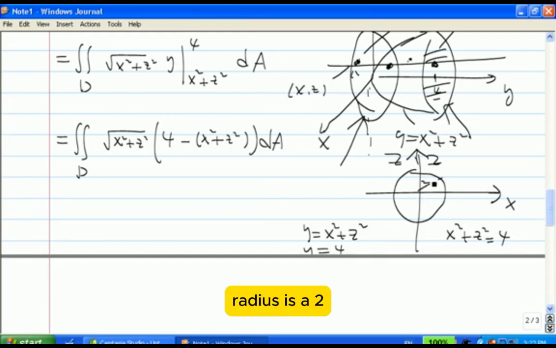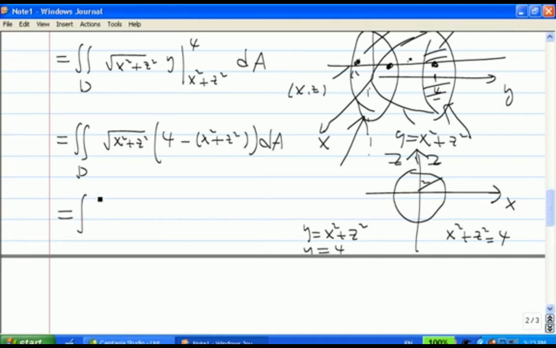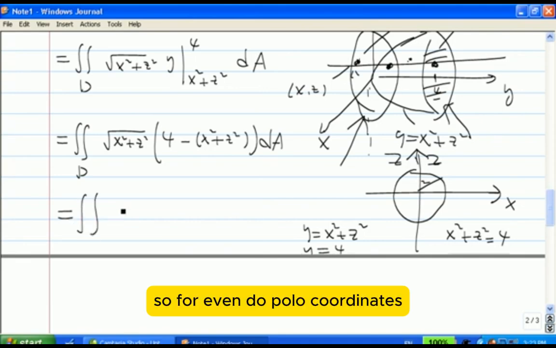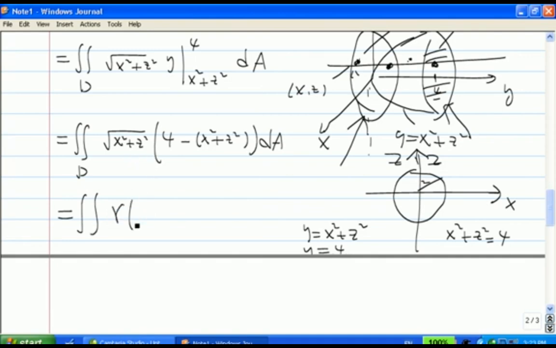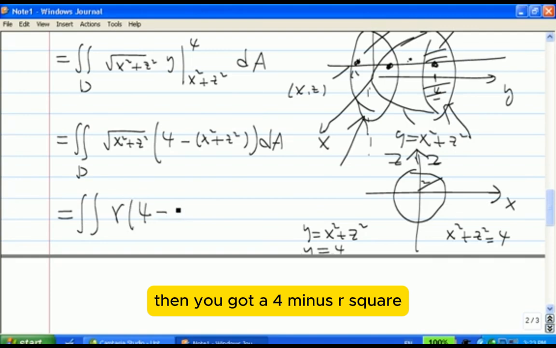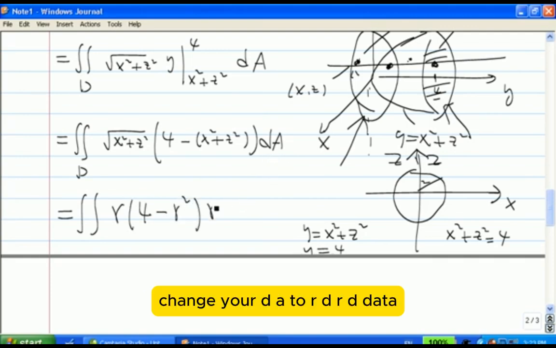Okay. So for this kind of integral, it's easy to do by using polar coordinates. If we do polar coordinates, the square root of x squared plus z squared just gives you r. Then you got 4 minus r squared, and change your dA to r dr d theta.